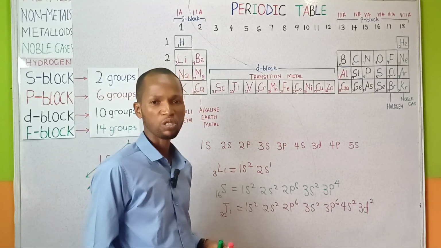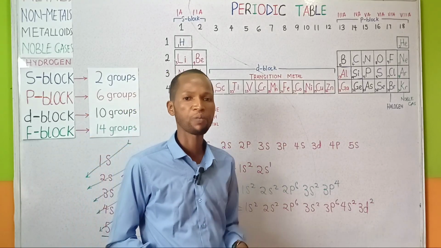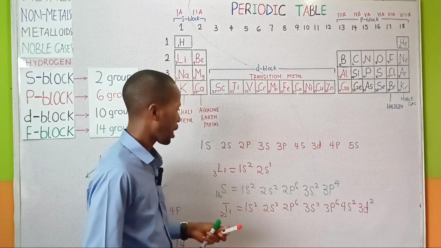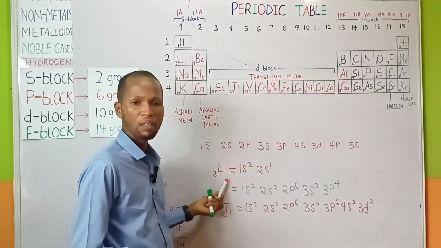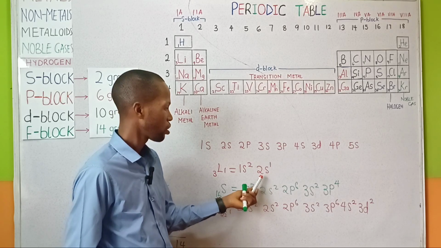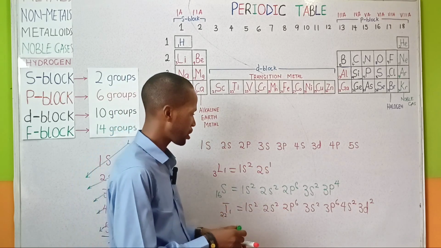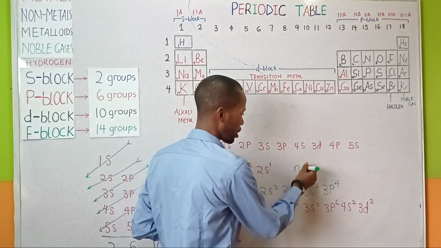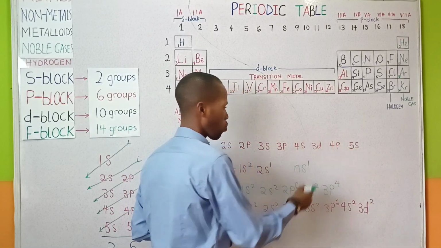I'm going to give you a trick to identifying the group and period in which an element belongs. Now let's look at this. This element ends in s subshell. We have 2s1, which implies that for lithium, the valence configuration is ns1.